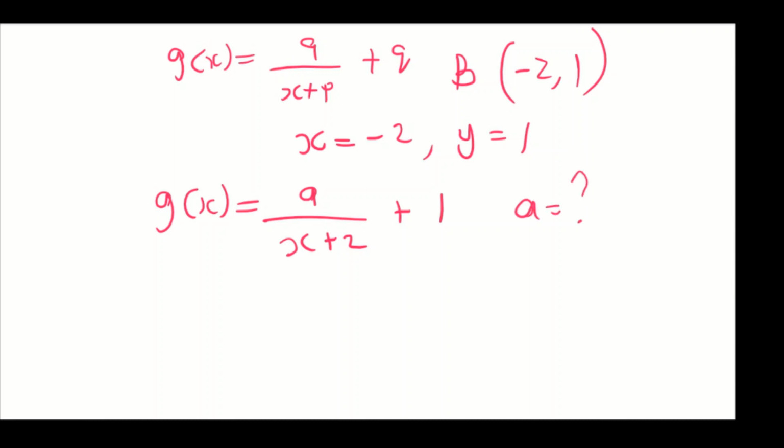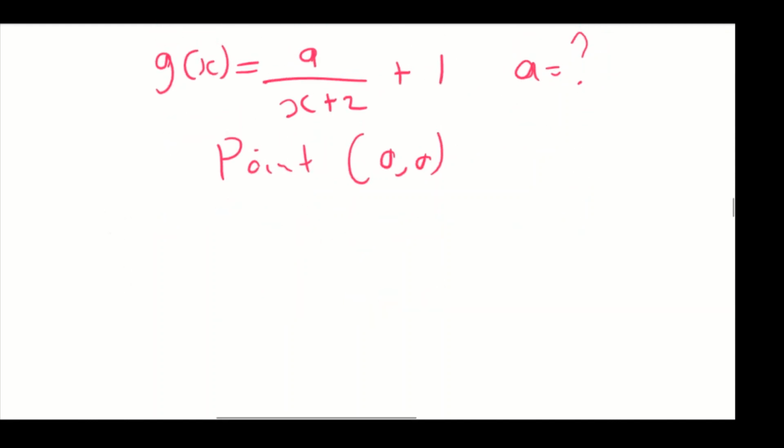So this is our graph, but it's not complete since we don't know the value of a. So we need to substitute a point to really find the value of a. Remember that our graph passes through the origin, 0 and 0. So we're going to substitute that point of 0 and 0. So it's going to be 0 is equal to our a value over 0 plus 2 plus 1. Transpose the 1 to the other side.